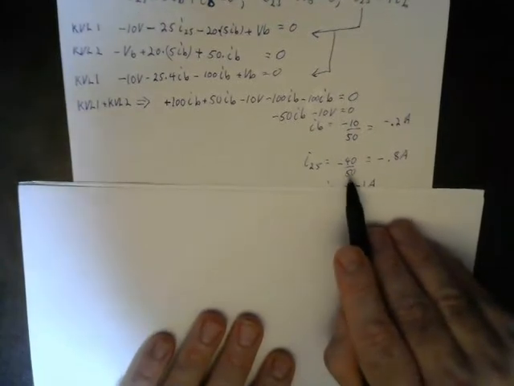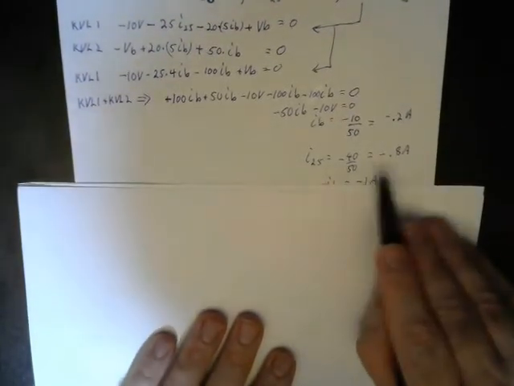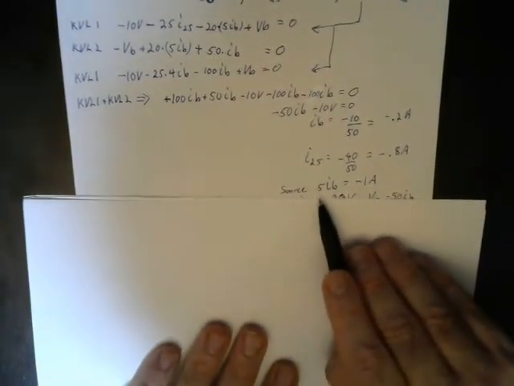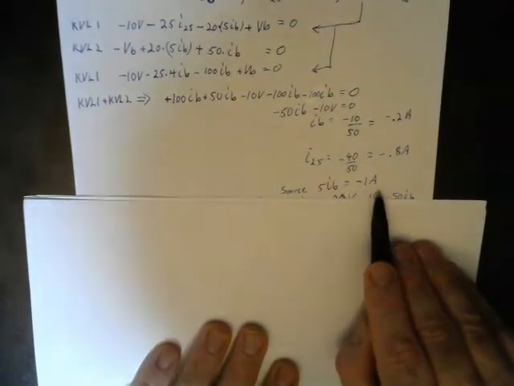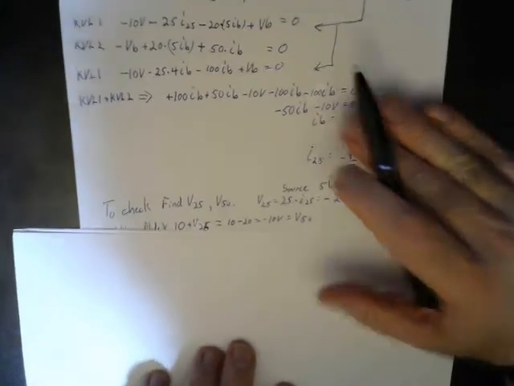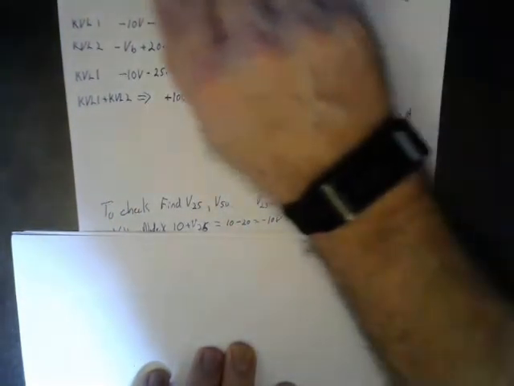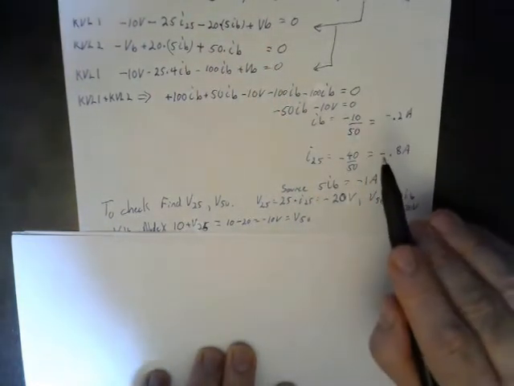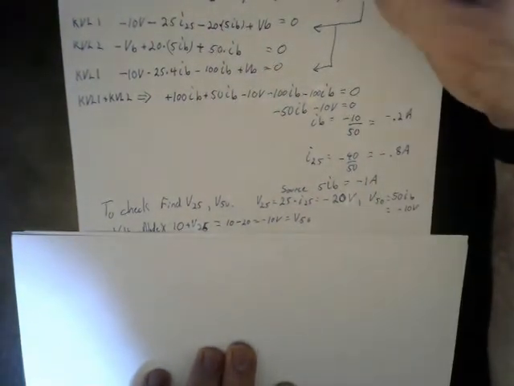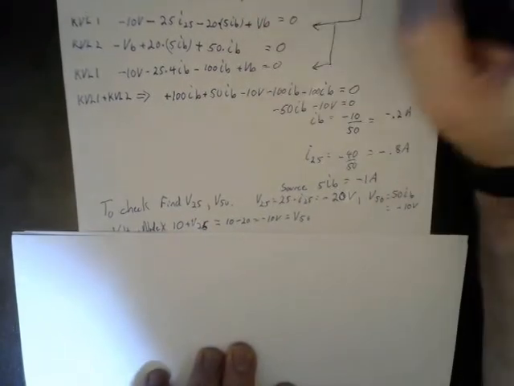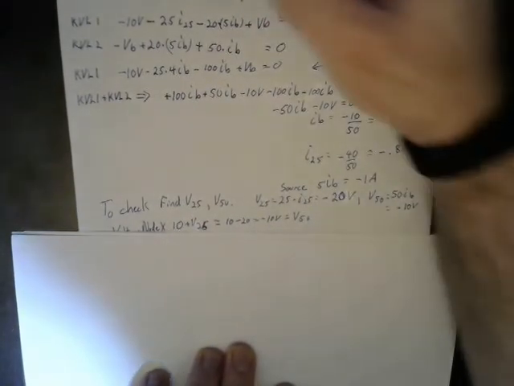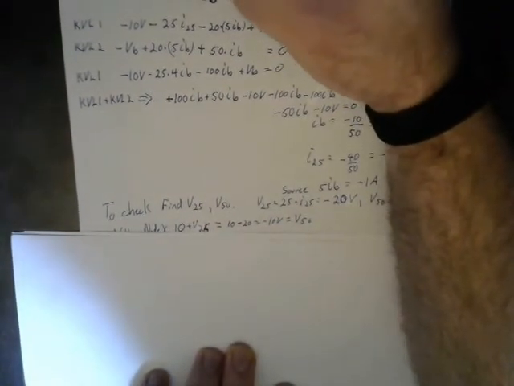I25 is 4 IB, so I25 is negative 0.8 amps. Therefore, the source, 5 IB, is equal to negative 1 amp. Now to check, I said I'm going to check that this voltage plus this voltage equals this voltage, because that's all one node, node X. And so the voltage from node X to C, I call this point C, is either V50 or it's V25 plus 10.